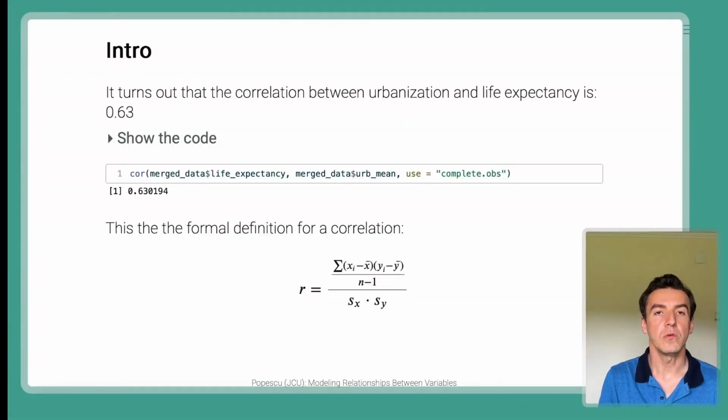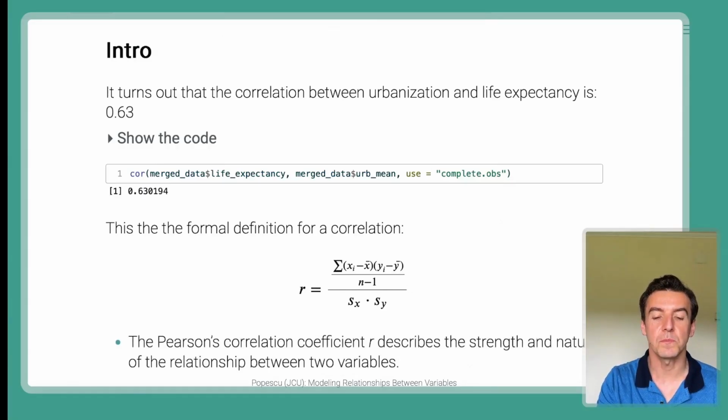The formal definition of a correlation or Pearson correlation coefficient is this ominous looking expression. So what does it mean? This is a Pearson correlation coefficient that describes the strength, but also whether the relationship between two variables is positive or negative.